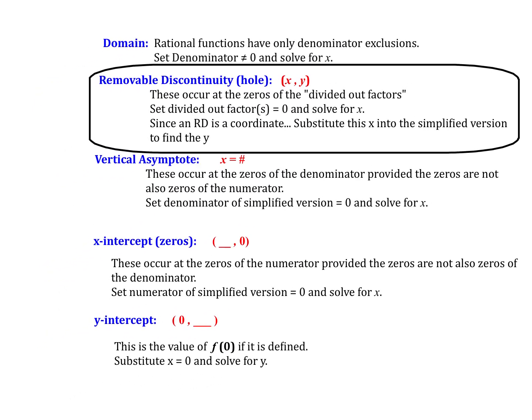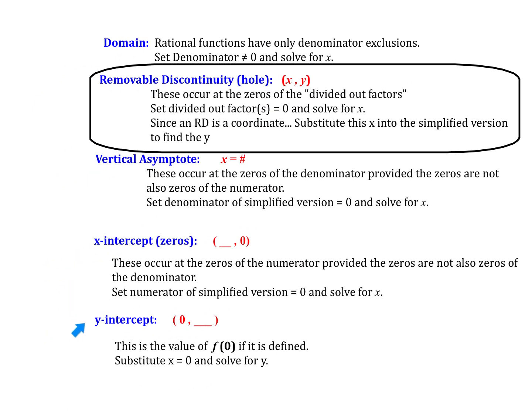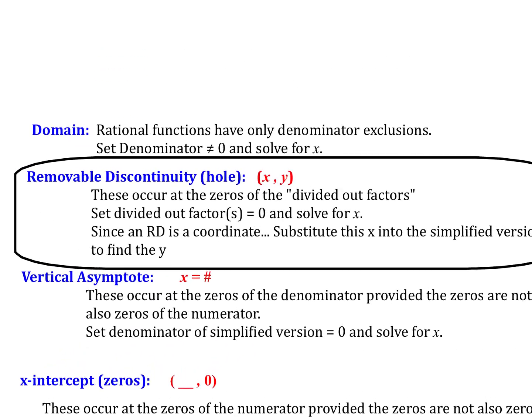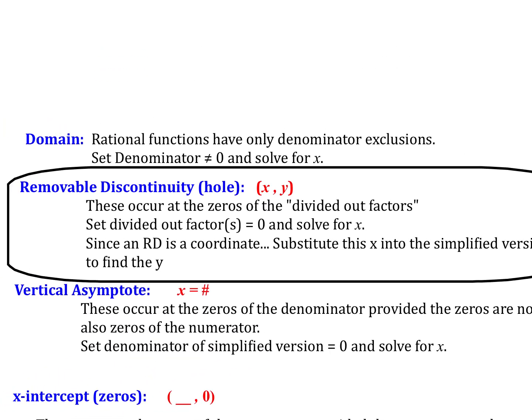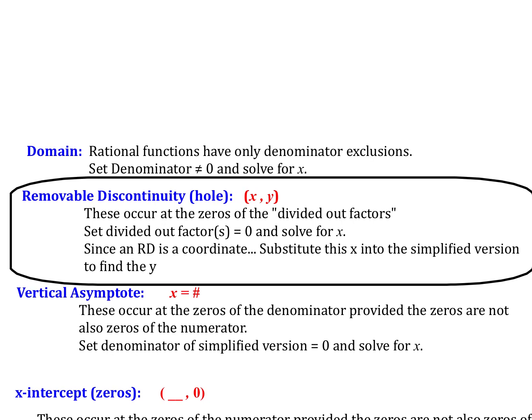All right, so the vertical asymptote, x-intercept, y-intercept, that's all from the previous lesson, previous video. Go back, check that out if you need. Removable discontinuity, this is the new stuff. Removable discontinuities occur at the divided out factors. I'm going to say, and this isn't as mathematically accurate, the canceled out factors.